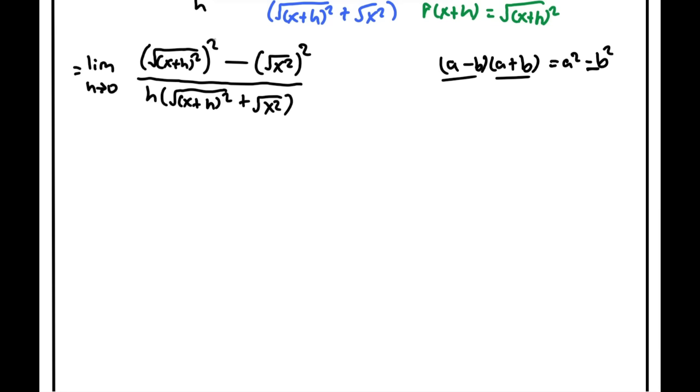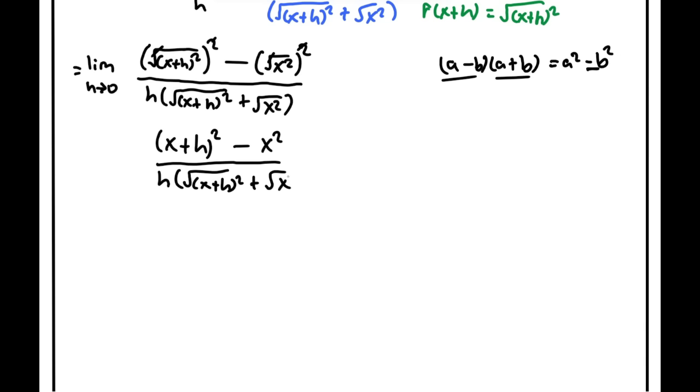Now, at this point, we can cancel these two, the square root and the square, making this (x plus h) squared minus x squared. This whole thing is over h, open brackets, the square root of (x plus h) squared plus square root of x squared. Limit h approaches 0.